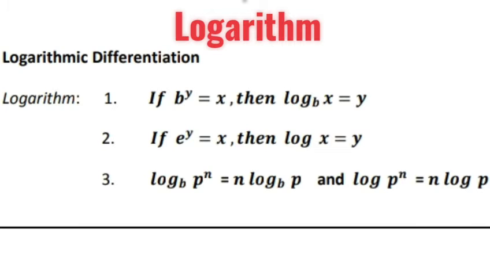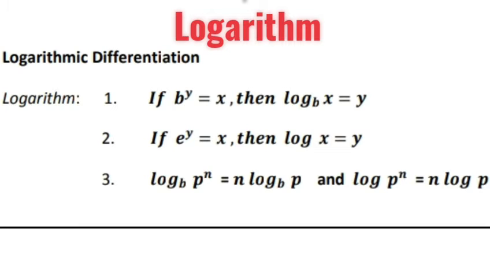From class 12 onwards, whenever the base is not shown, you must understand that the base is e. So log x equal to y. Remember, log has a base e.